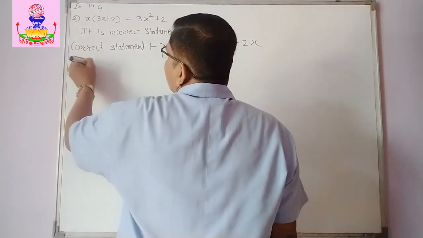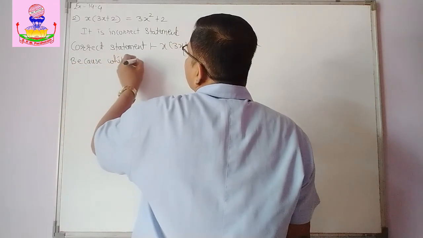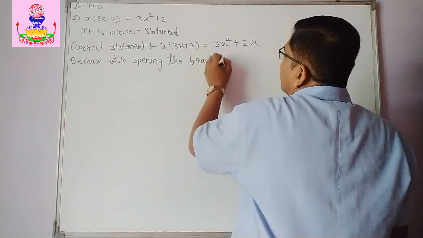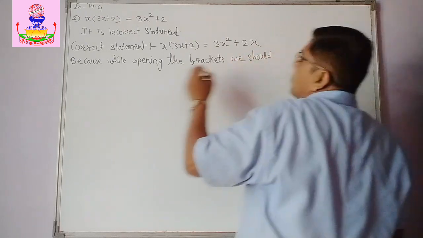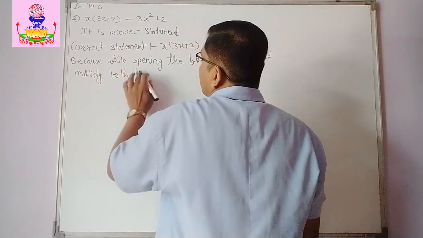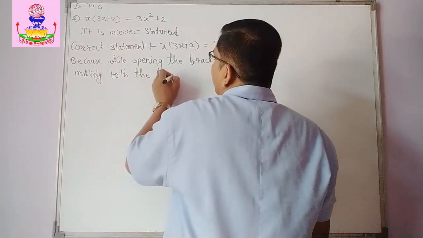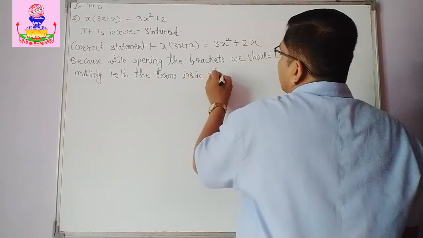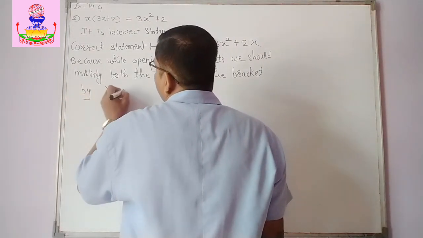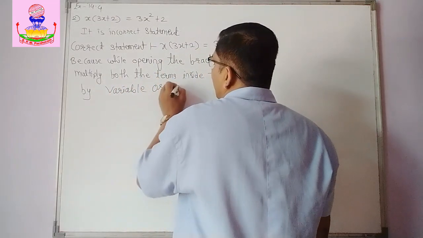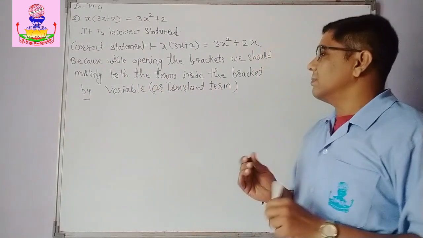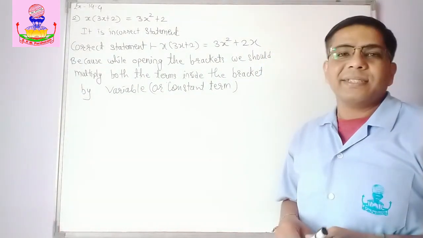Here it is a variable, so we multiply the terms in the bracket by it. Okay, so this is the second example.